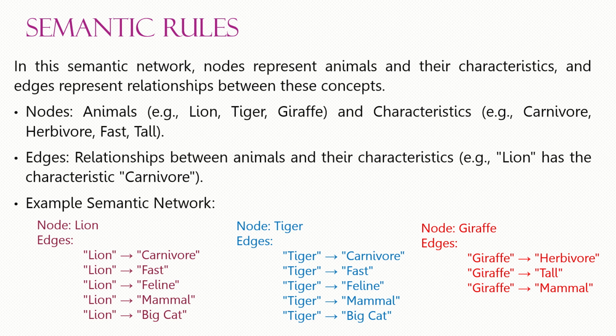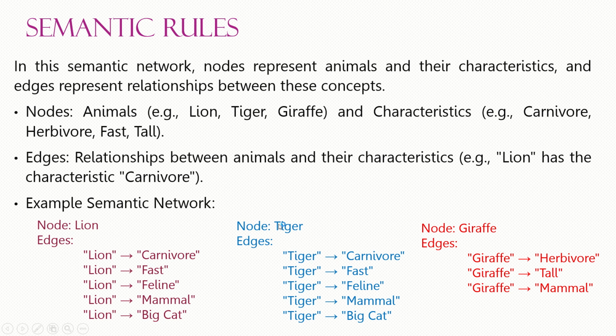So this is how the nodes and edges are defined using semantic networks, and you can see how the knowledge base is provided. For example, for the node lion, the possible edges are: the lion is a carnivore, the lion is fast, the lion is a feline, a mammal, and a big cat.